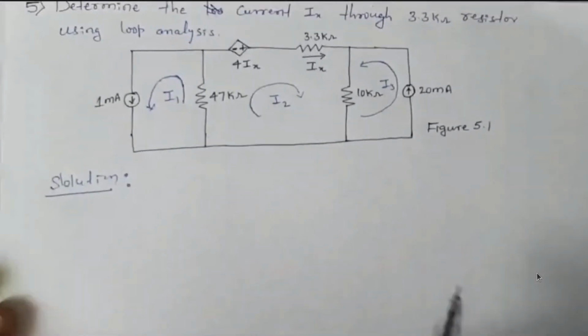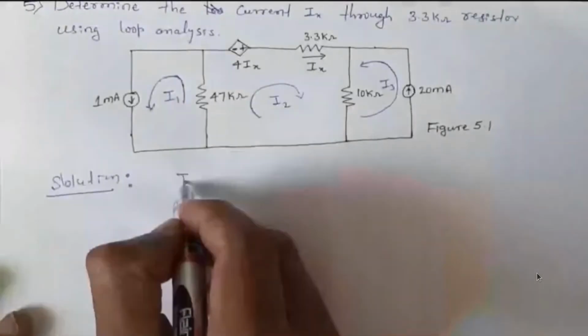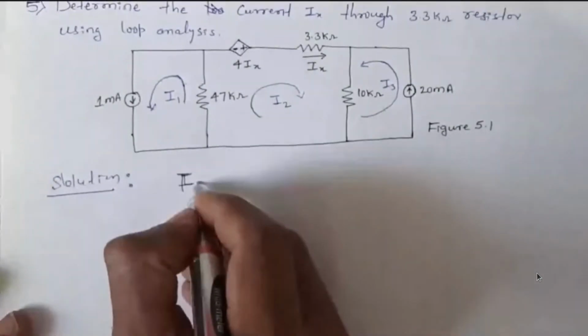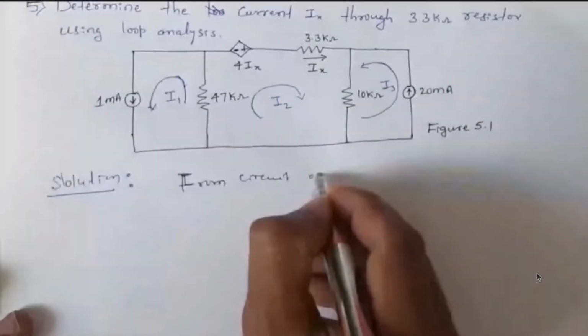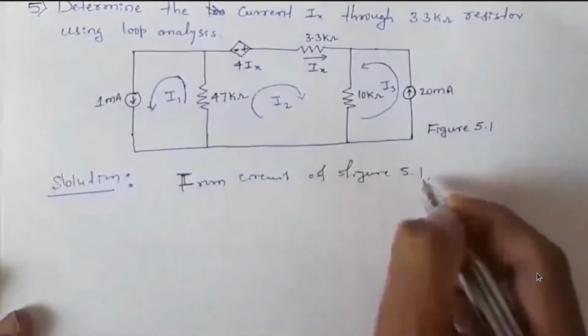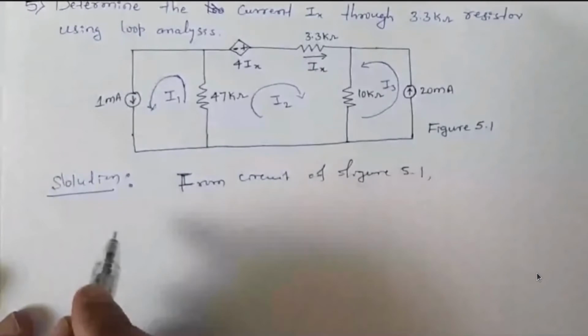I1 you can directly write, from the circuit of figure 5.1. I1 is equal to 1 milliampere. Directly you found one current.